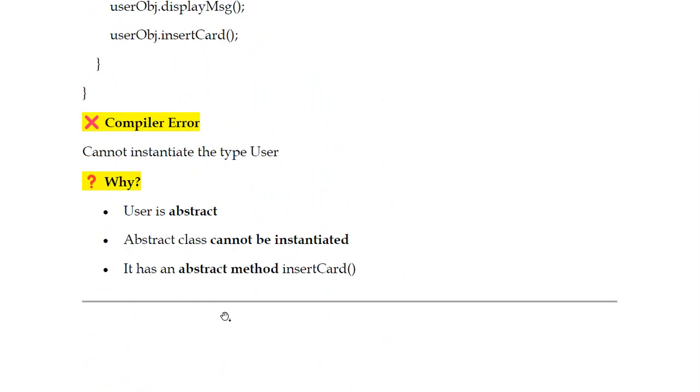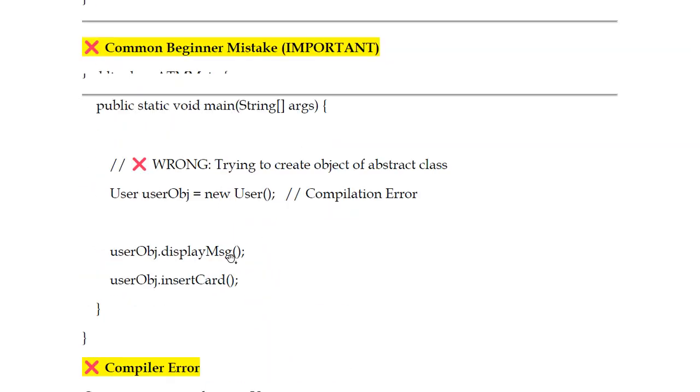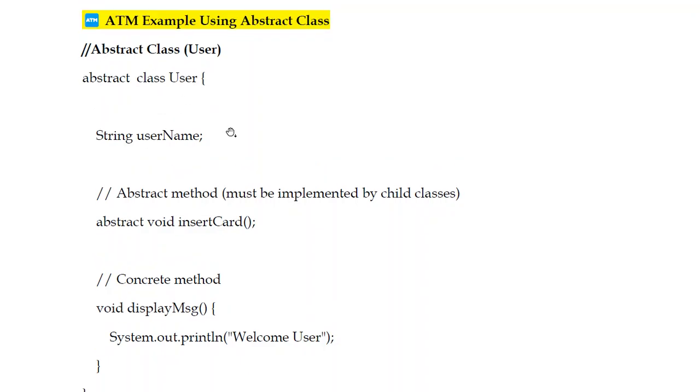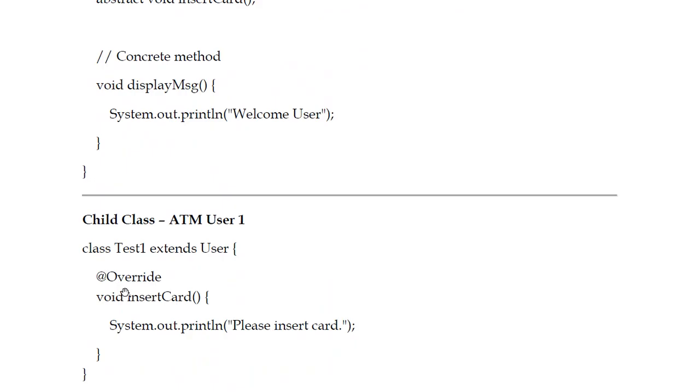Next, how do we sort out this issue? You can't create the object for this abstract class, so you can't call the displayMessage method, and you also can't define insertCard here itself. It has to be implemented by child classes. So now the child class comes into the picture, that is subclass Test1. I'm going to override it.